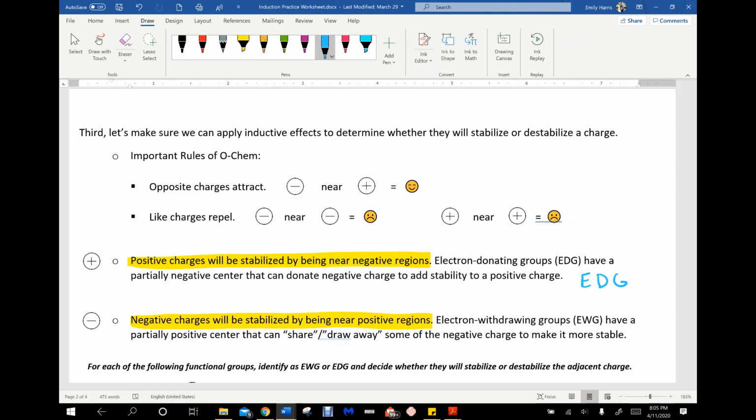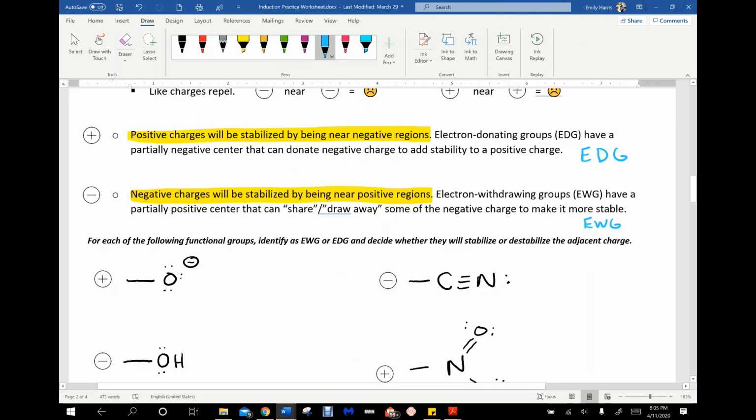So electron withdrawing groups have a more partial positive center that can draw away some of the negative charge to make it more stable. So our next instructions say for each of the following functional groups, identify it as either electron withdrawing or electron donating and decide whether they will stabilize or destabilize the adjacent charge.